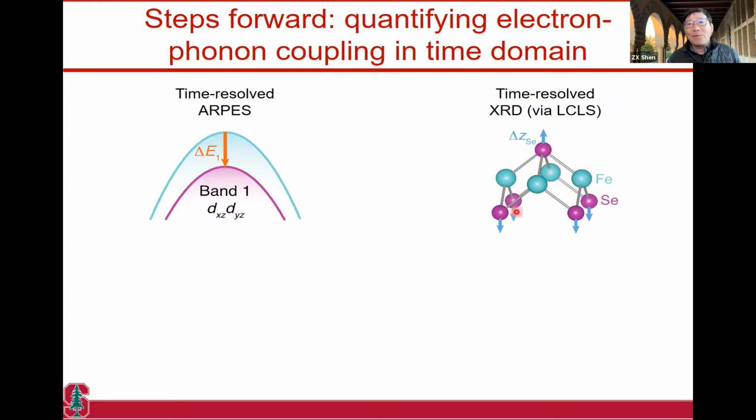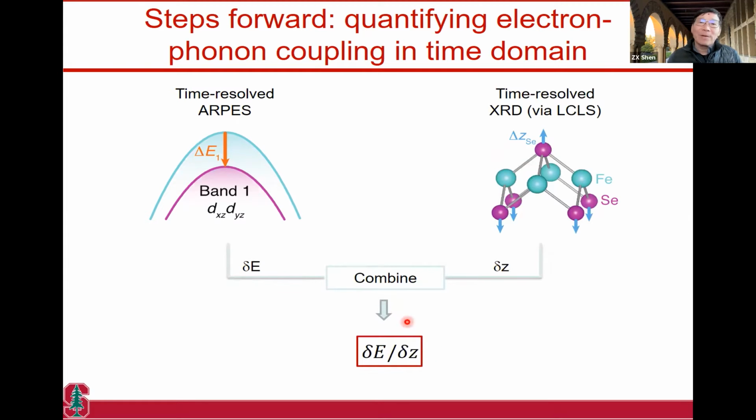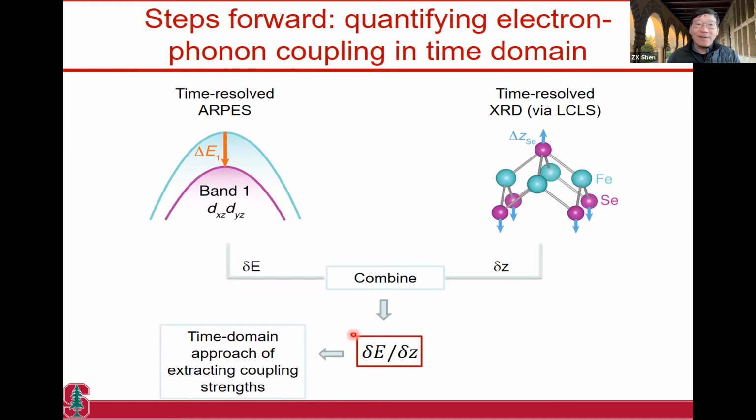So if I can measure this height change directly, and I can also measure the band structure change directly, both are direct measurements. By doing that, I'll be able to make a direct comparison of this, which will relate to a microscopic quantity called the deformation potential. So if you can do that, then of course you can try to extract information on the coupling strengths. Then you can also use that to gain insight about iron selenium physics.